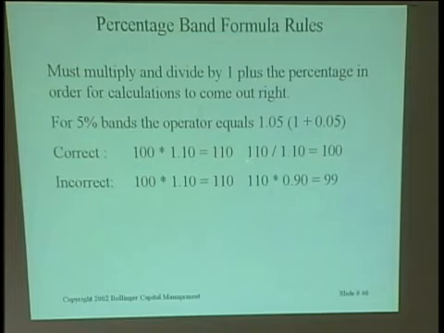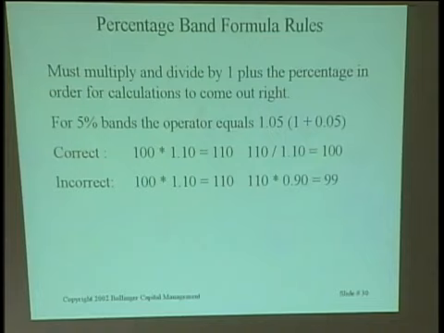Then to go back, we have 110 divided by 1.1 gives us 100. That's the correct method. Rise, come back by the same thing, and come back to the starting point. Incorrect is 100 times 1.10, you get 110. But then 110 times 0.9 brings you to 99, a point below where you started.